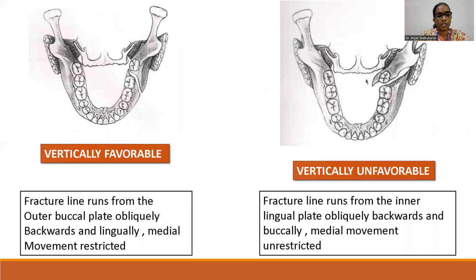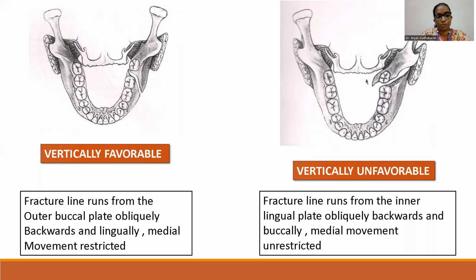Then there are vertical fractures, vertically favorable and vertically unfavorable fractures. In vertically favorable fractures, the fracture line runs from the outer buccal cortex to the lingual backwards. There is no medial displacement of the fractured posterior segment.